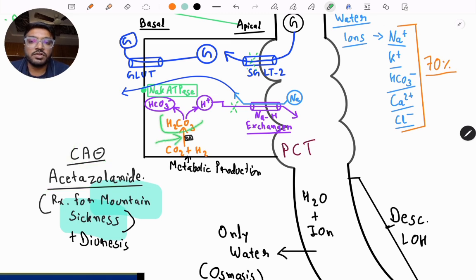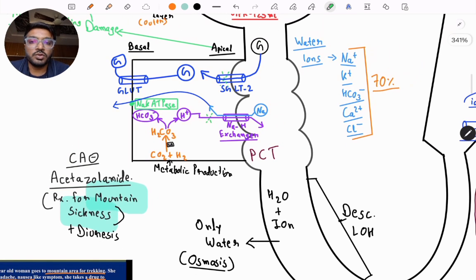This drug will stop the formation of H2CO3 and it will promote sodium and water loss, because sodium can come in only when the hydrogen is there to be excreted out, but there is no hydrogen to be excreted out, so the sodium is going to be wasted, and along with sodium some of this bicarbonate will also be excreted out, so it will make our urine alkaline and our blood pH acidic as a side effect. So the side effect of this drug is going to be metabolic acidosis, which is required to maintain the blood pH, which becomes alkaline in mountain sickness.